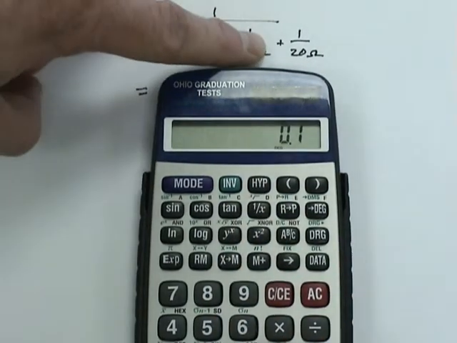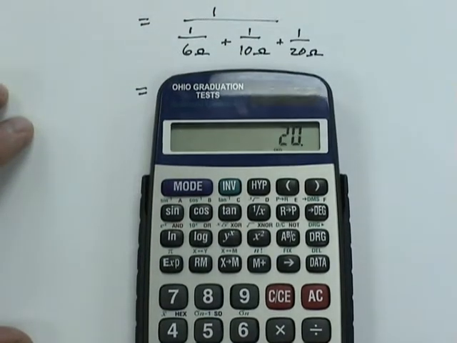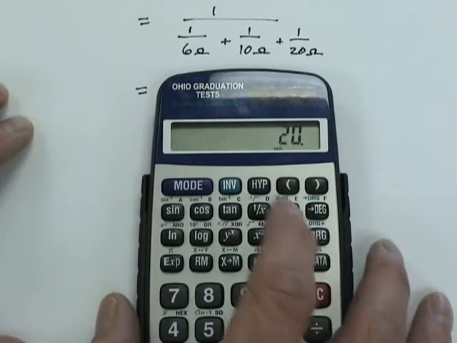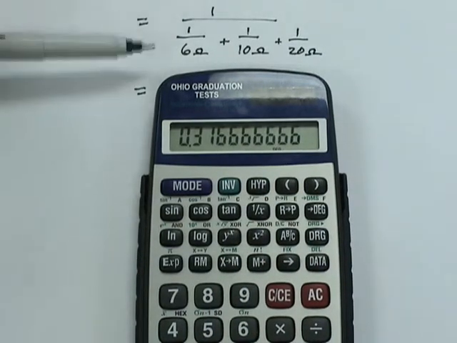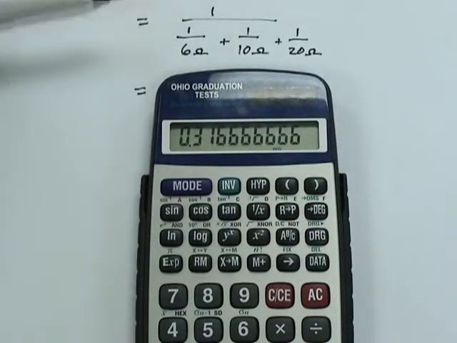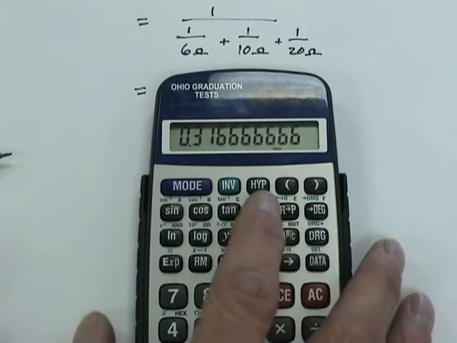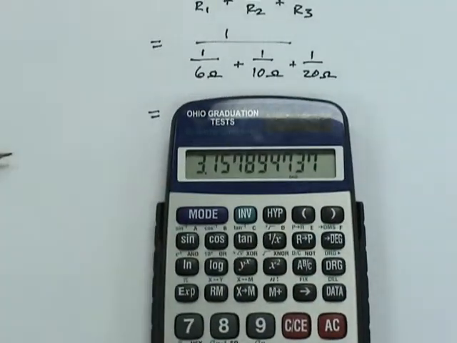That's the same thing. Now I'm hitting plus again, and I'm going to get the third resistor, the 20, and hit 1 over X for that. Now when I hit equals, I'm going to actually have solved the denominator only. So to get the answer, I have to flip that with the 1 over X key again. So one more time with 1 over X, and there's my answer. I have 3.1, and I'll round it, 3.16.